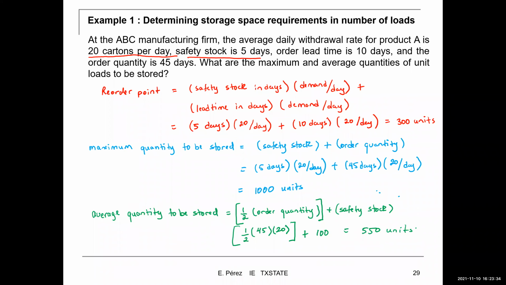That's additional. I just wanted to show you how to get the reorder point as well, but to answer this question, you don't need that. But you can see that for the reorder point, you also need the safety stock, and we need that for the maximum quantity to be stored.